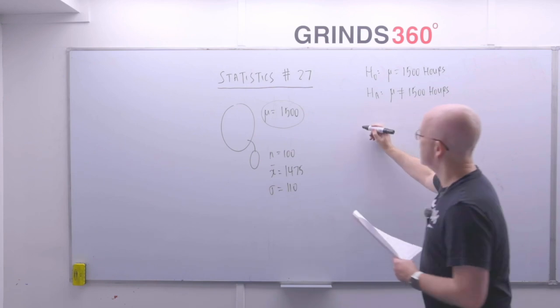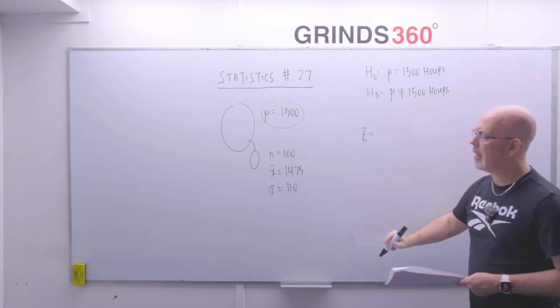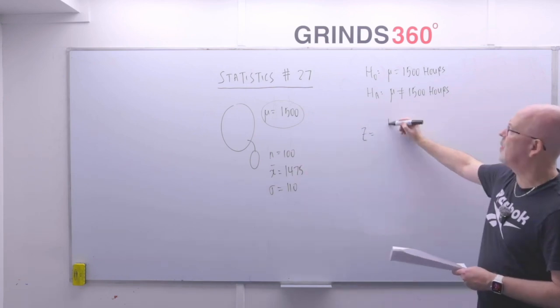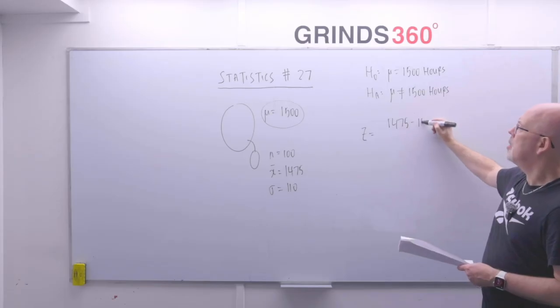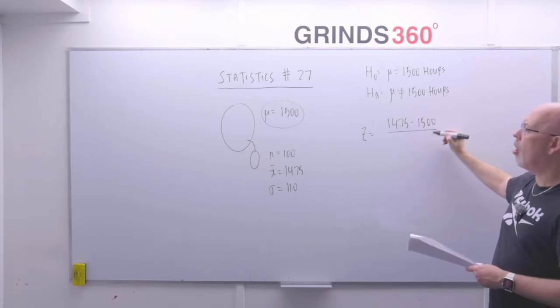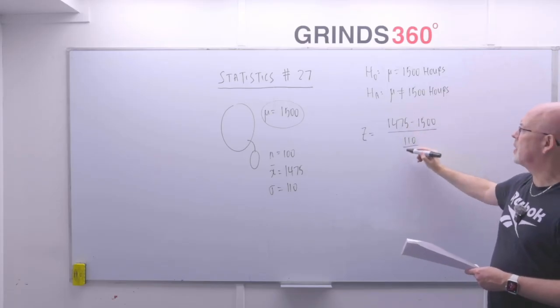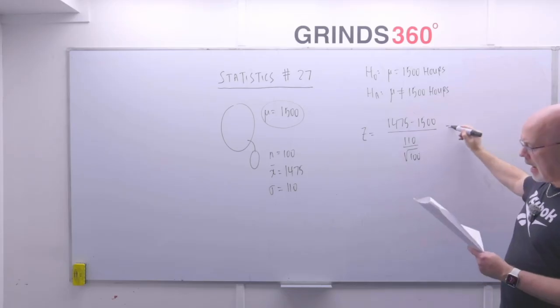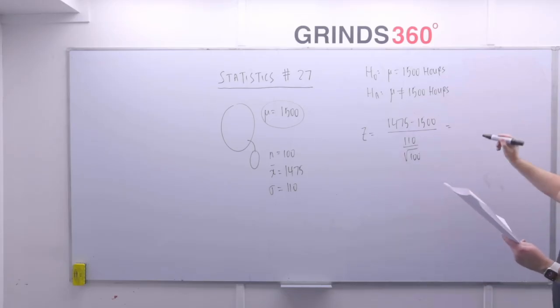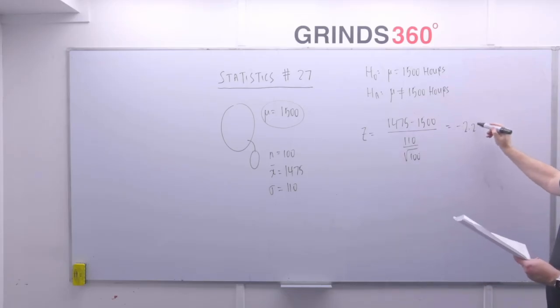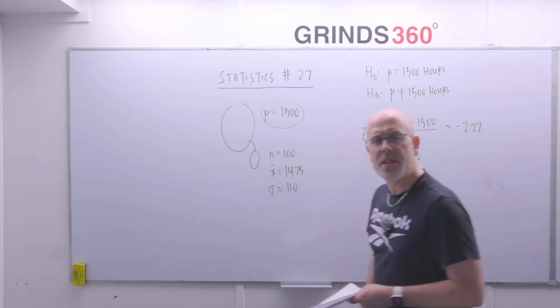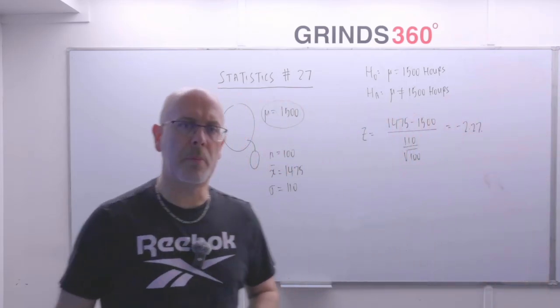So if I get my Z statistic, remember it's X bar minus mu, so it's 1,475 minus 1,500 all over sigma, which is 110, over the square root of 100. And that Z statistic comes out as minus 2.27. So you can see that that's not between plus and minus 1.96.